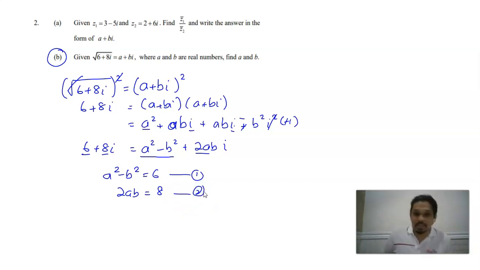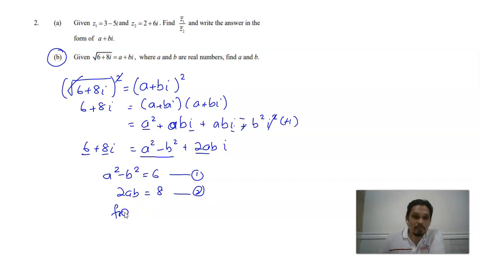So now class, this is in the form of simultaneous equations, but the difference is it is in the form of a squared minus b squared. There's a sign of plus minus here, but for this one it's multiplied, 2ab equal to 8. So we cannot simply use the elimination method, no. But it's possible to use the substitution method.